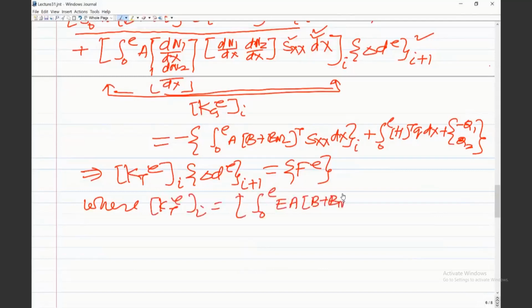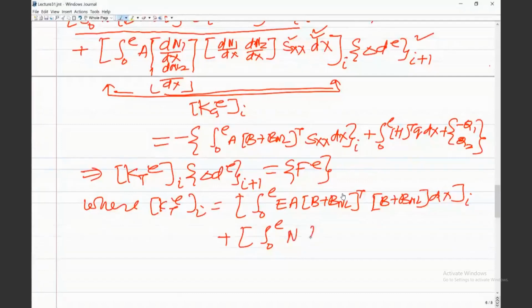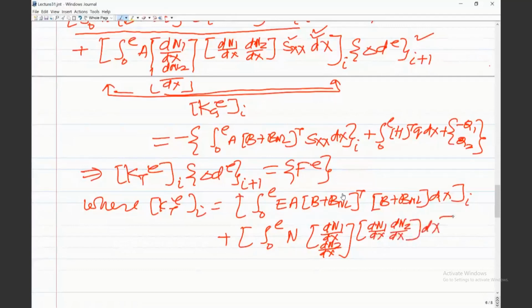So we will have B plus BNL transpose into B plus BNL dx, evaluated at the previous iteration, plus the second kg matrix, which is the integral 0 to L of Sxx into A, equal to the axial force n, so you can write that as n, and then you have dN1 by dx, dN2 by dx into dN1 by dx, dN2 by dx, evaluated at the previous iteration. So this is KTE, and then your FE.